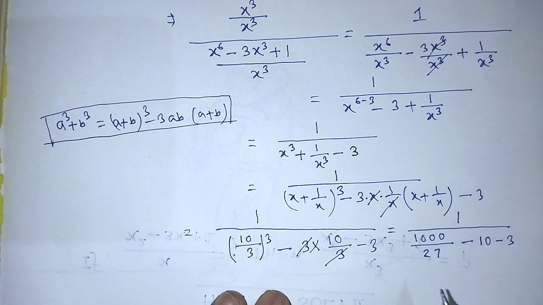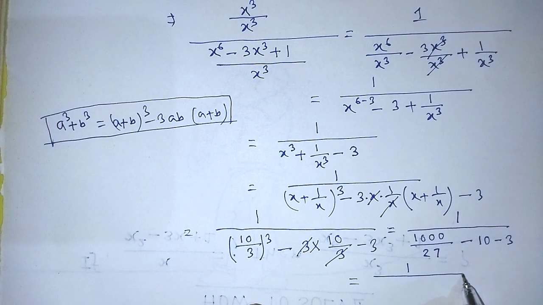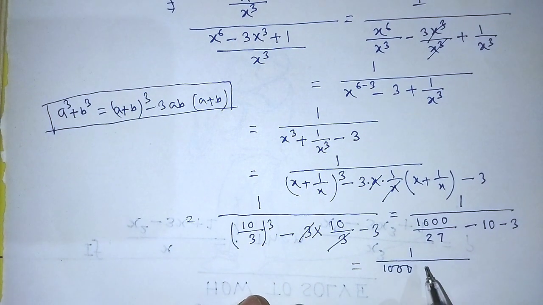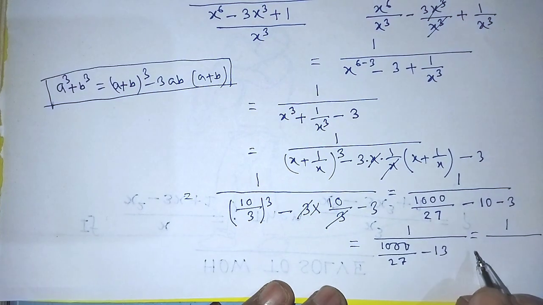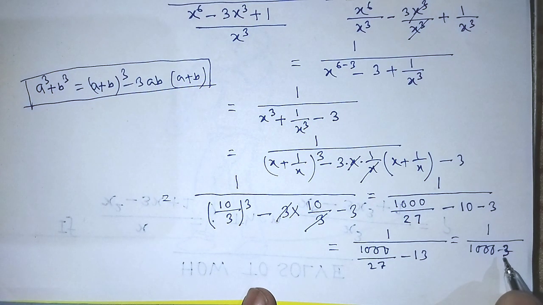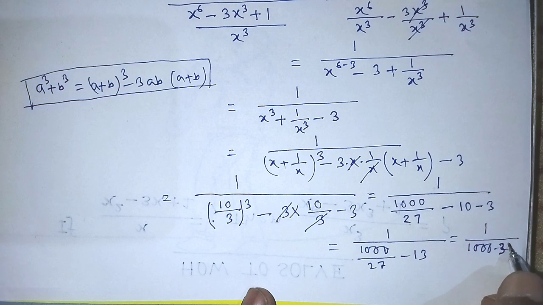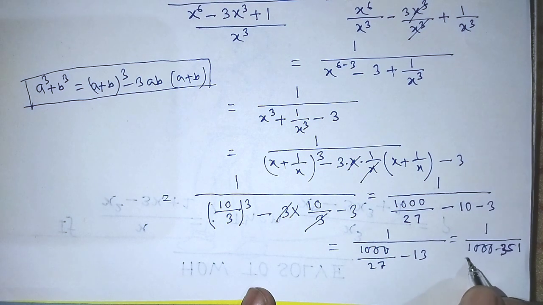So students, after that we can write 1 over 1000 over 27 minus 13, which is equal to 1 over 1000 minus 351 over 27.